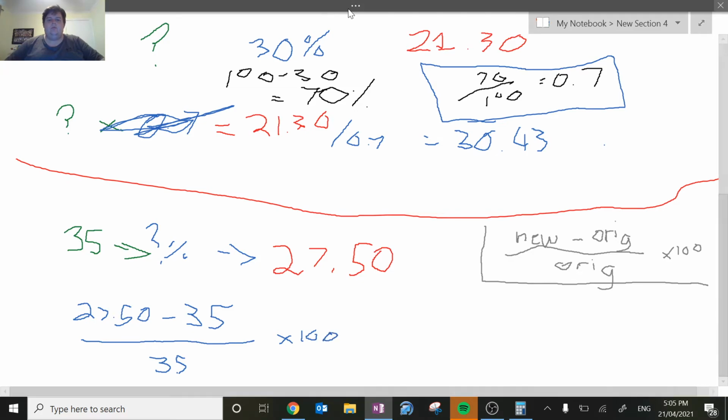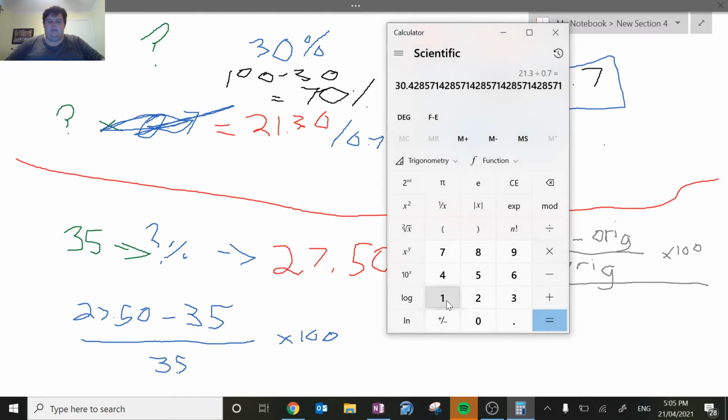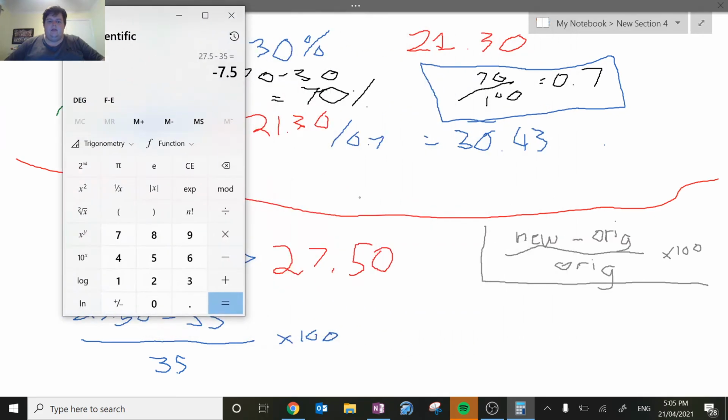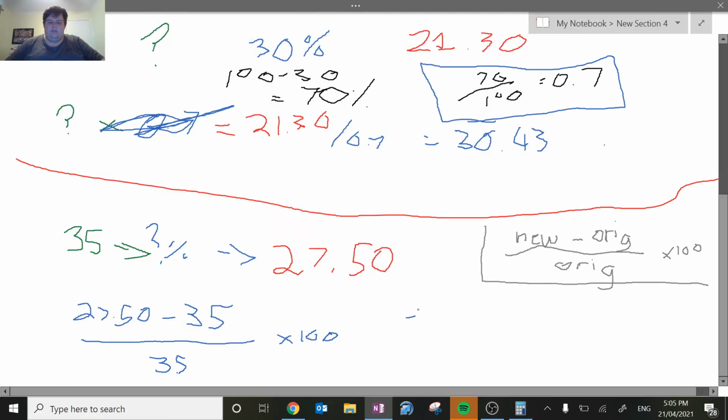Let's do this sum now and find out what it is. So we got 27.5 minus 35. That is negative 7.5. Now negative 7.5 all divided by 35 now.